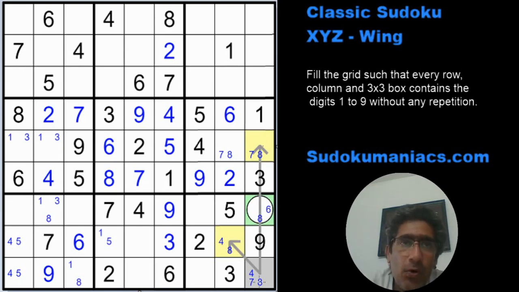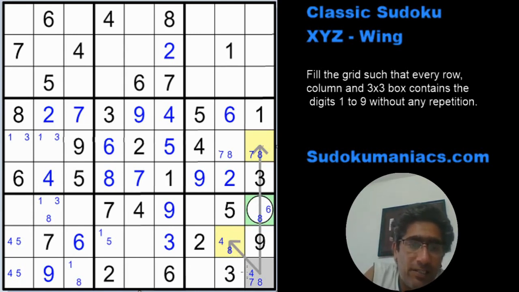Now this is more narrow than the XY technique. The reason being, in XY, when we look at the example, we had two buddy cells, that is row 5 column 8 and row 7 column 9. Now looking at how this third digit impacts the technique, let's have a look.